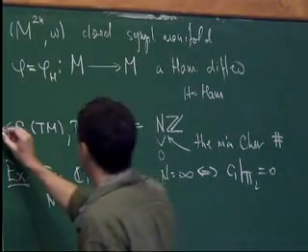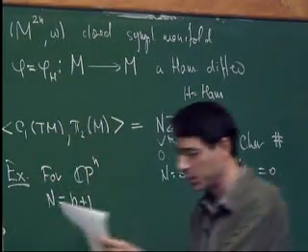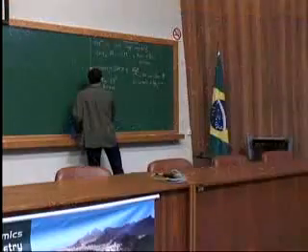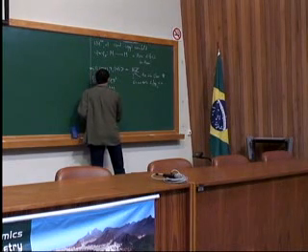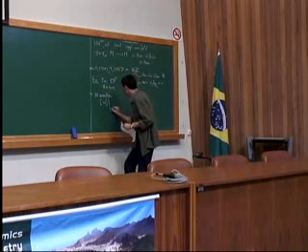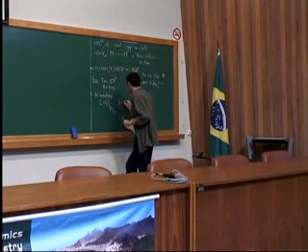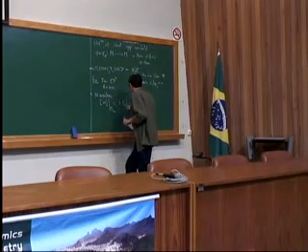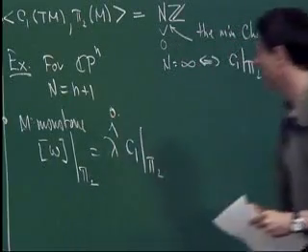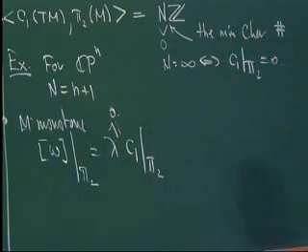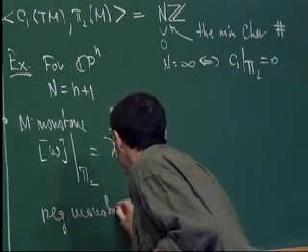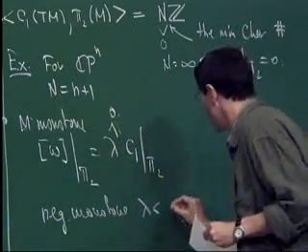So that's one definition I need. The manifold is said to be monotone if omega, the symplectic form, is proportional to the first Chern class on pi_2. And the proportionality constant lambda is positive, or at least non-negative. We say negative monotone if the factor lambda here is negative.